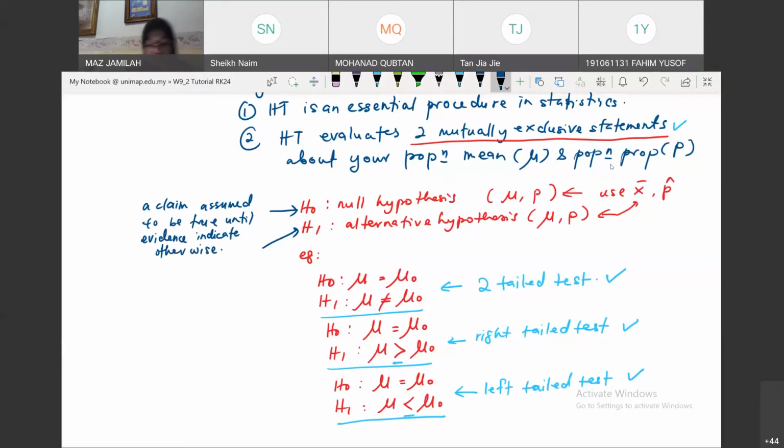Okay, so that's what H naught means in terms of the statement. What about the alternative statement? H1 means a claim to be supported based on sample evidence.